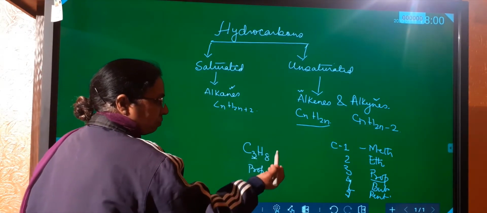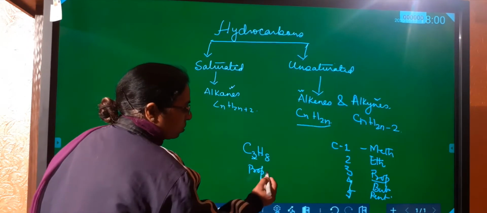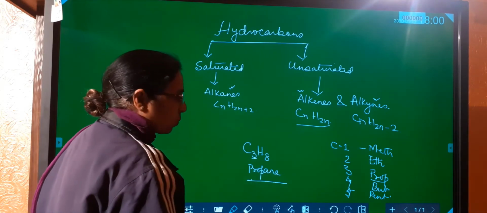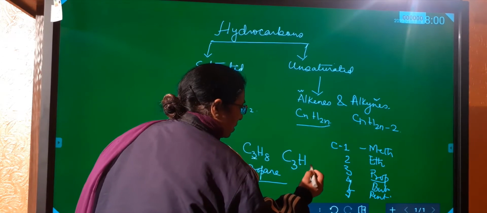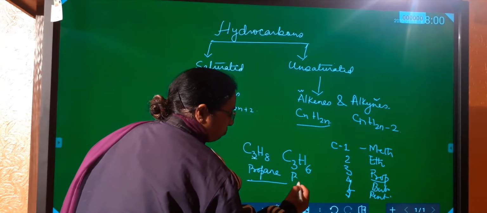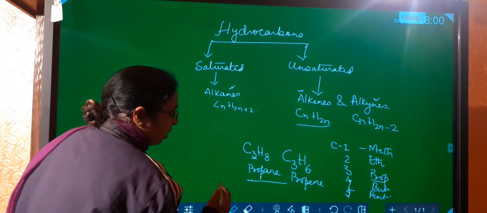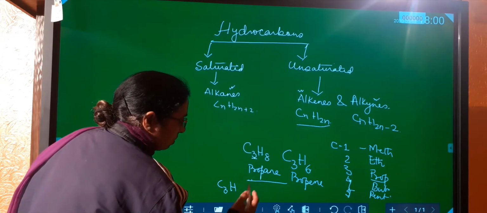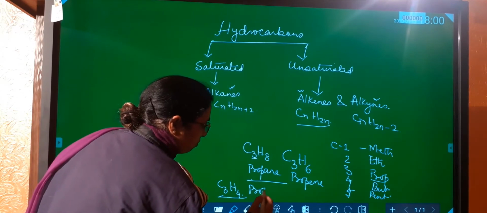So over here you can see this is 2n plus 2, so this is propane. If it was propene, then the formula would have been C3H6, and if it was propyne, then the formula would have been C3H4.